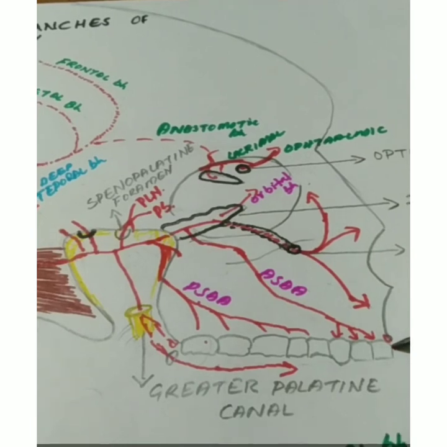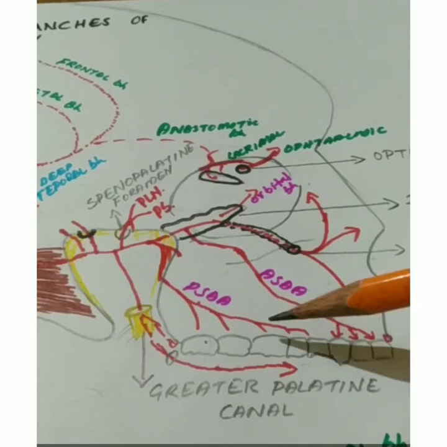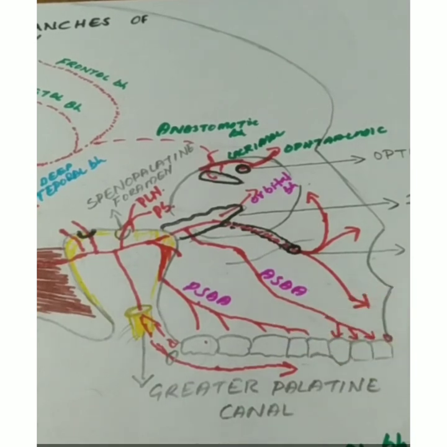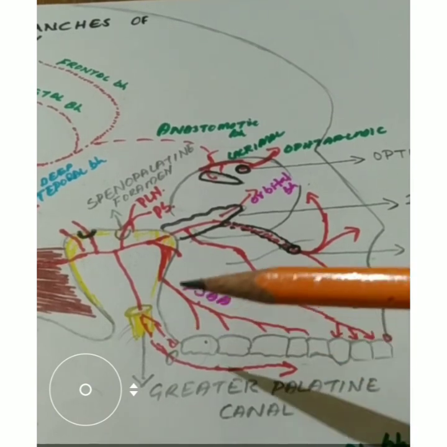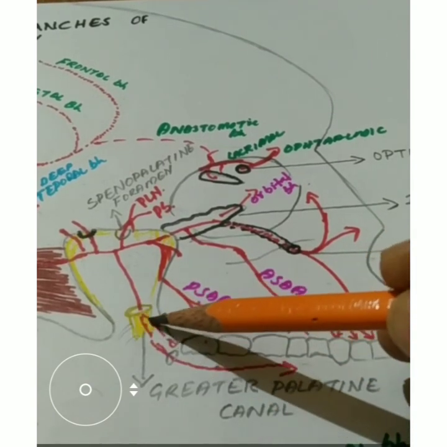And here some terminal branches are given off that may enter into the nasal cavity. The branches of this artery supply the palate and the adjoining gum here.